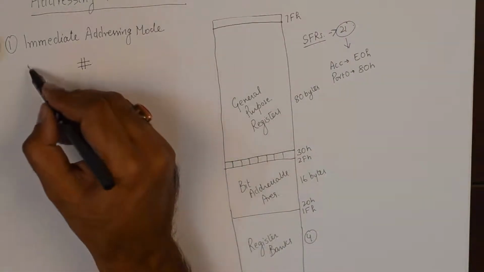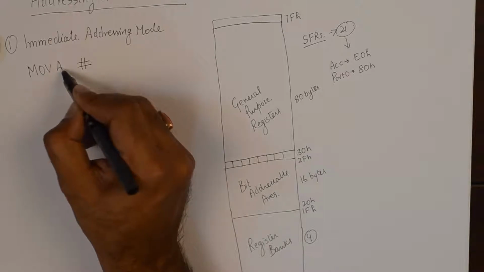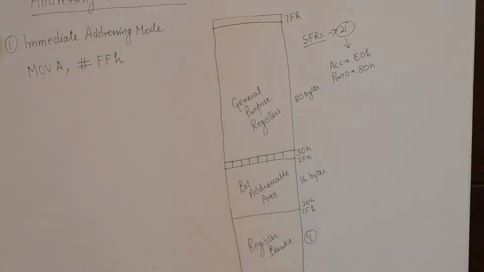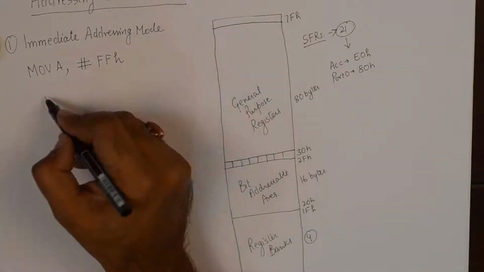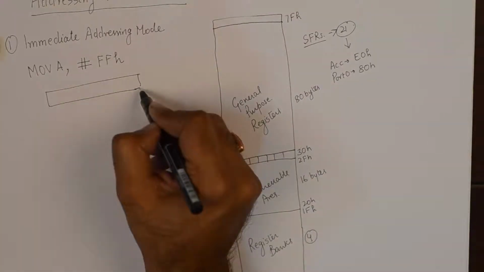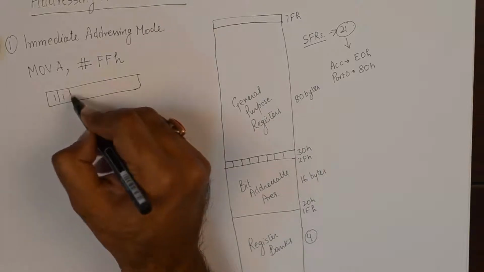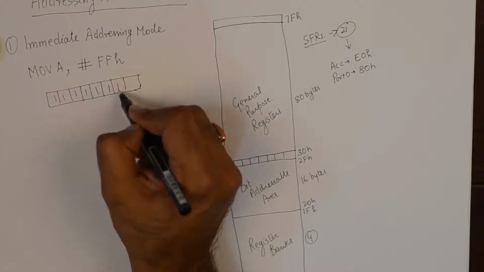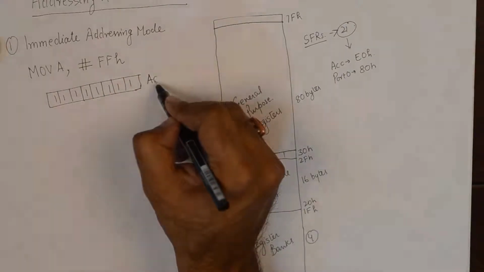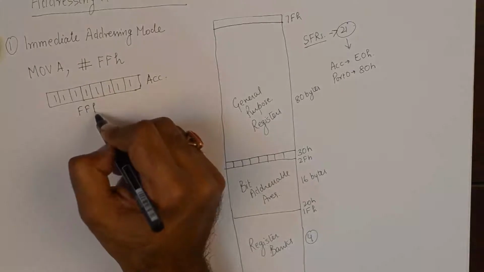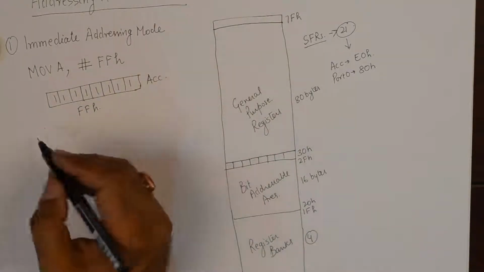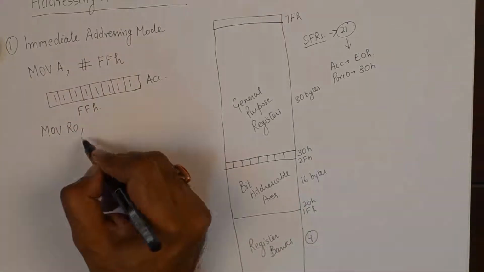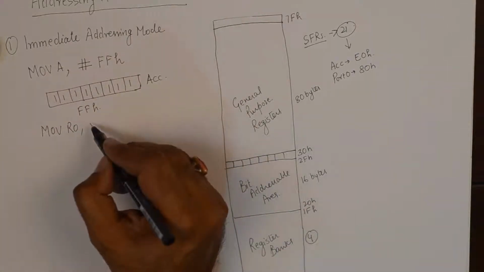So let us say if we want to move into accumulator some number, the content of accumulator would become all ones, which is FFH.